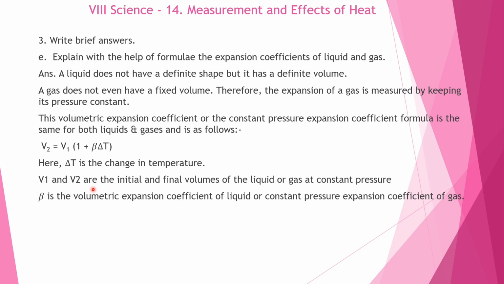V1 and V2 are the initial and final volumes of the liquid or gas at constant pressure. Beta is the volumetric expansion coefficient of liquid or constant pressure expansion coefficient of gas. So this is the formula, children, for the expansion coefficient of liquid and gas.